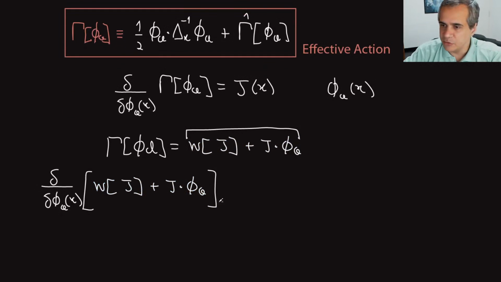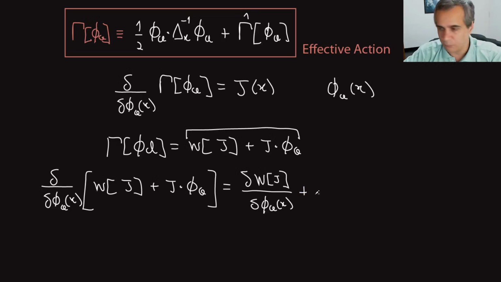First I need to differentiate W in relation to the classical field. I'll get del W of J del phi classical of x. And then this one is easier. This is J, I just differentiate J in relation to phi classical.